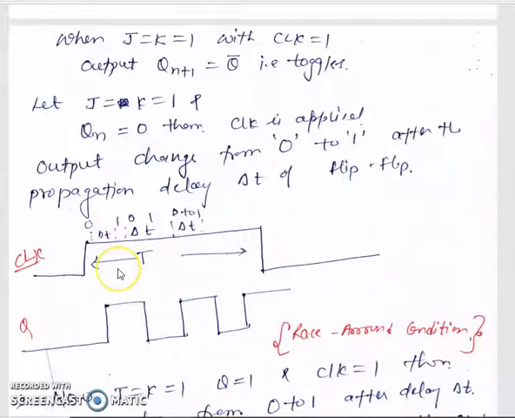So what happens is that the output Qn, in this condition J and K equal to 1, continues to toggle between 0 1 and 0 1 until the clock goes to 0.